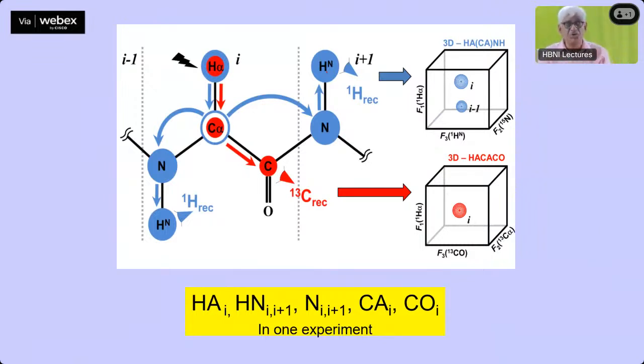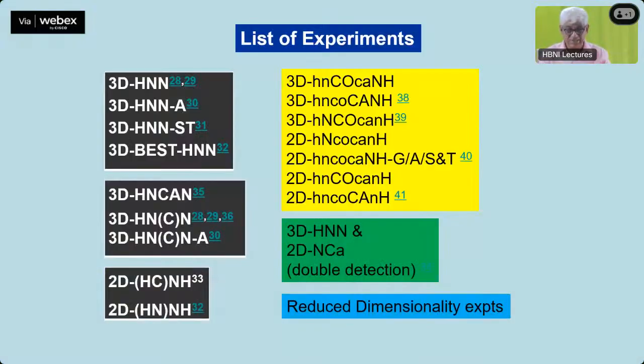But this is sufficient to indicate the philosophy and the principle, how you can do different kinds of designs of your experiments. So this is a whole lot of experiments which have been designed as a consequence of all these manipulations. This will give you an idea that you can manipulate your pulse sequences in the way you want, for the information you want in your spectra. For that, you will have to understand the spin dynamics.